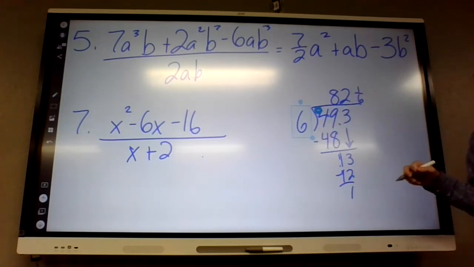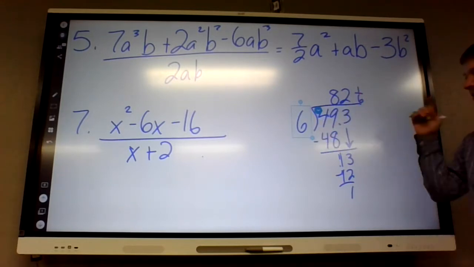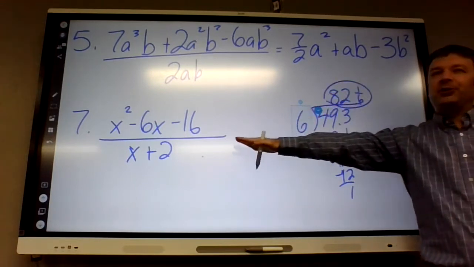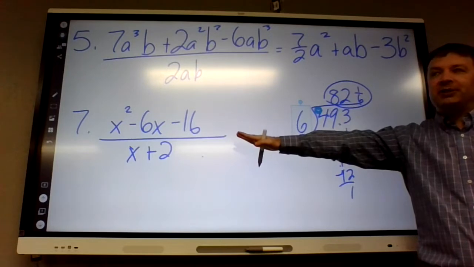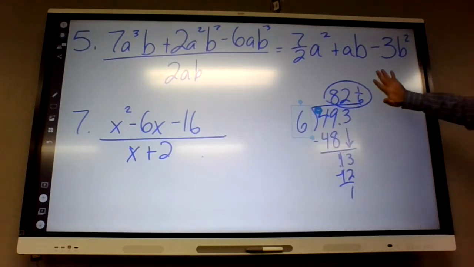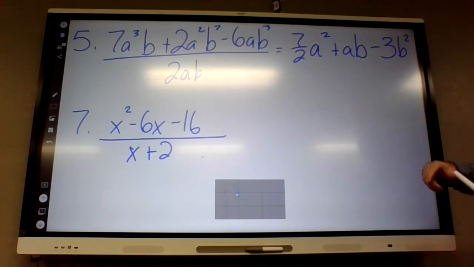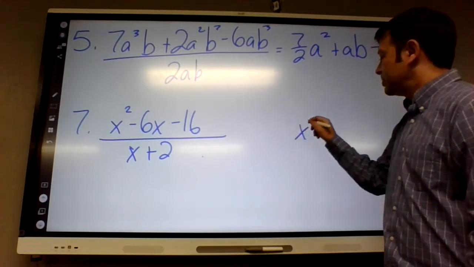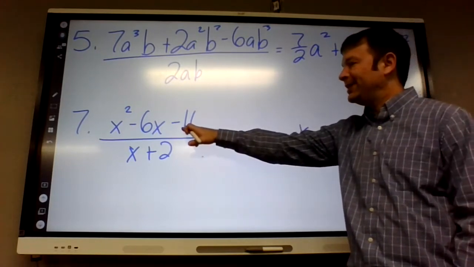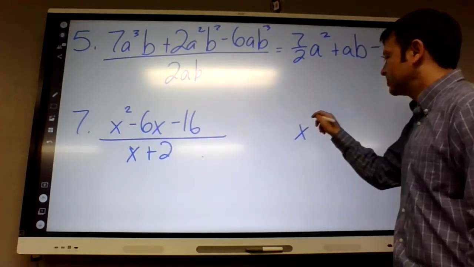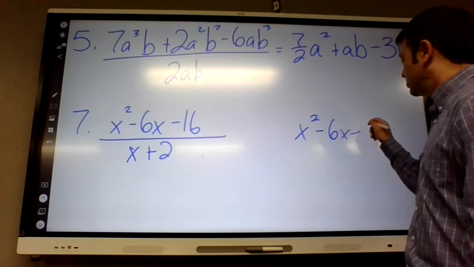That's probably the best way to do it. So this is going to be pretty similar. Okay, hopefully you guys remember that. So this is the dividend, this is the divisor, this goes in the box, the bigger polynomial.